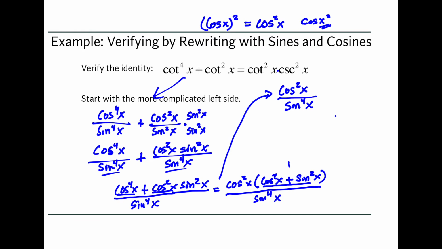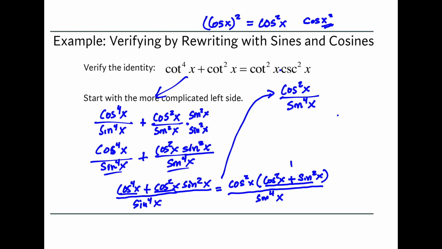Now sometimes you may want to really go back and compare where we are now, because what I want here is cotangent squared x times cosecant squared x. And these still don't look the same. I have one that's a fraction, one that's not a fraction.